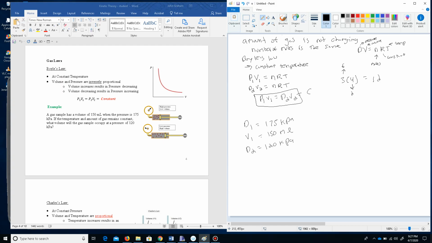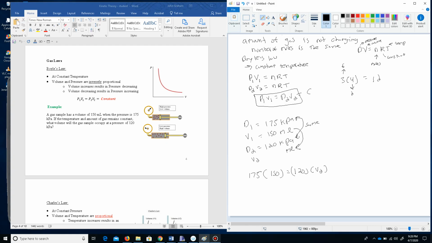With units, all we care about is that the pressures are the same, and then the milliliters will give us milliliters for volume 2. So pressure 1, 175, times volume 1, 150, equals pressure 2, which is 120, times volume 2.